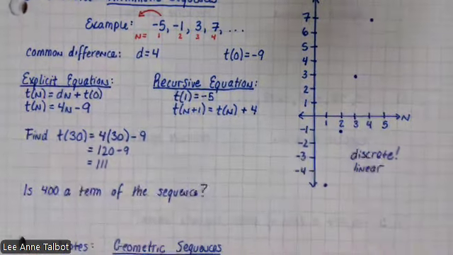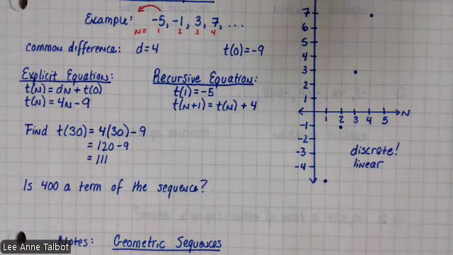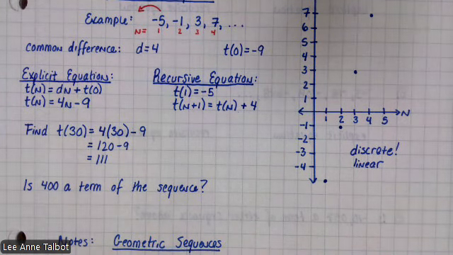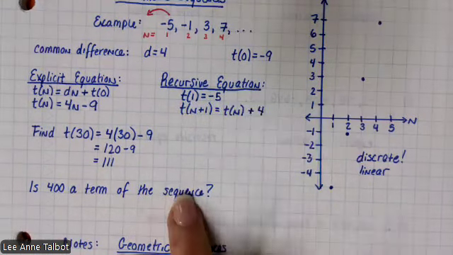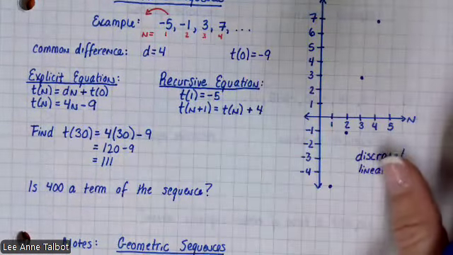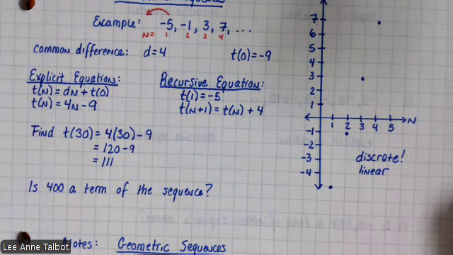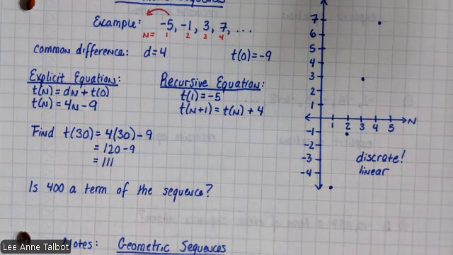And then last question we're going to answer. What I mean by this question is, if I continued my numbers out for a really long time, let's just say I had nothing to do all the rest of this period, and I just kept listing numbers, up four, up four, up four, up four, would 400 be one of those numbers?